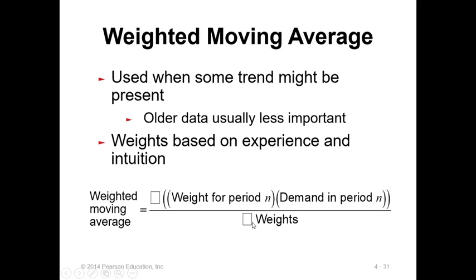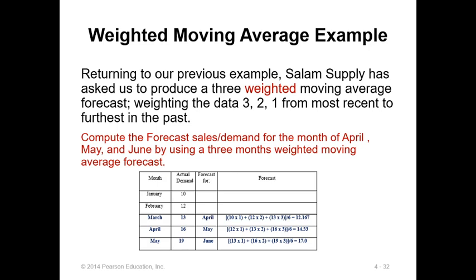Now, why? Because not all of the previous periods have the same importance for us. Let's see an example. The same example that we talked about in the previous slide, we will also make a 3-month weighted moving average.